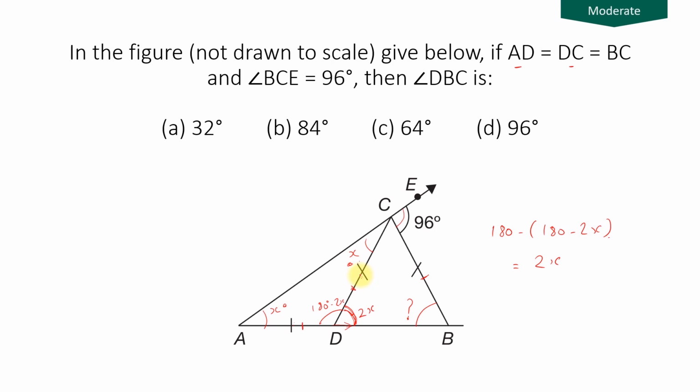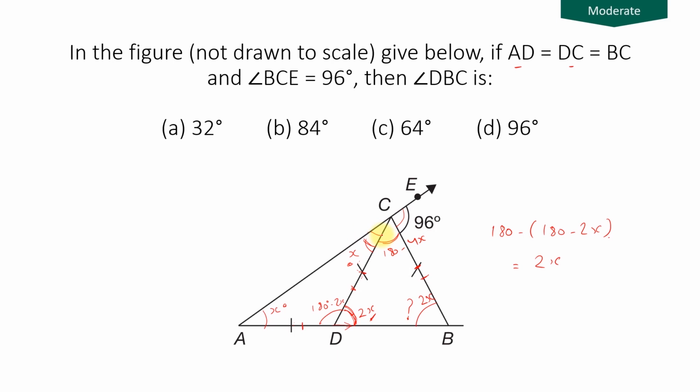So right now we have reached this point where this angle is 2x. Since the two sides are also equal, DC is equal to BC, therefore this angle is also going to be 2x, which means that this angle is going to be 180 minus 4x. Now we have the three angles on a side of a line.